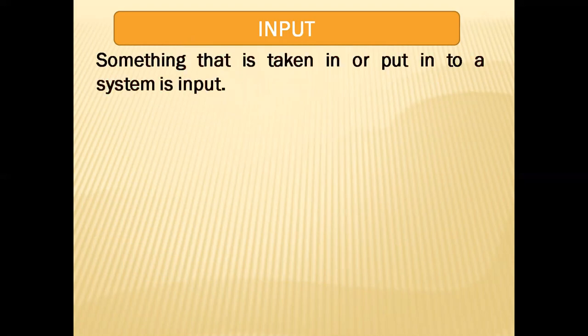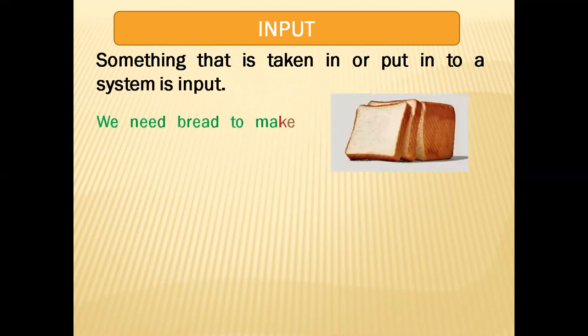Input. What is input? Let's take a few examples from real life. Something that is taken in or put into a system is called input. For example, we need bread to make a sandwich or a toast. So what we will do is we will put this bread into some processor or some machine that will toast it or make a sandwich of it.